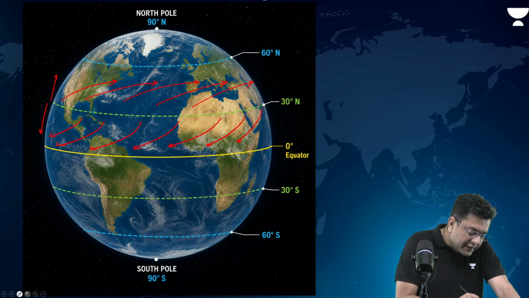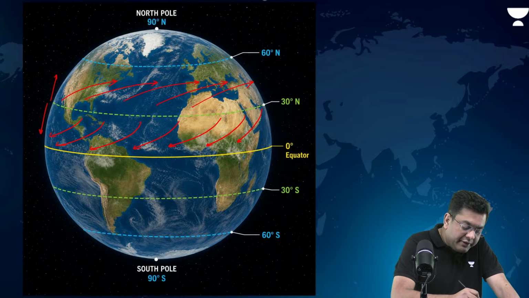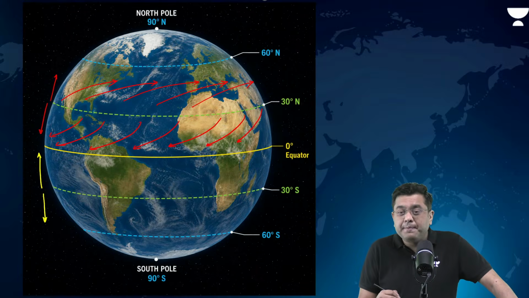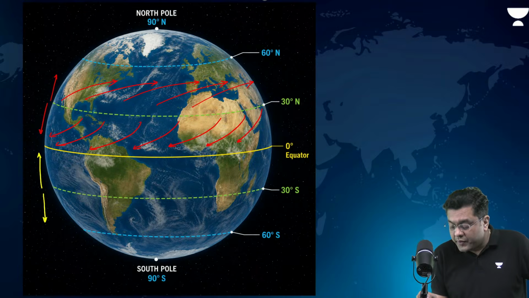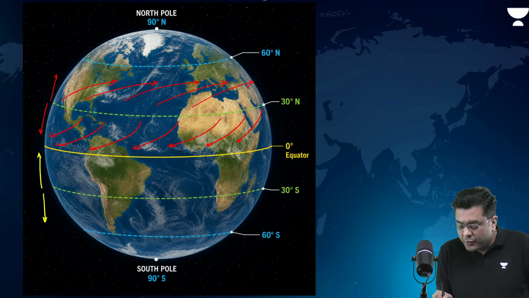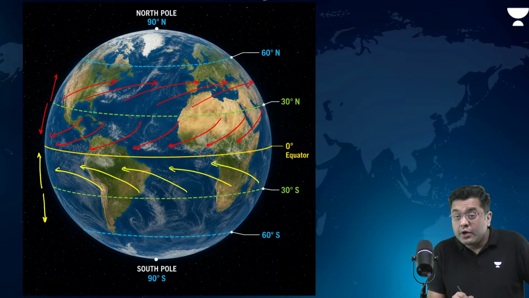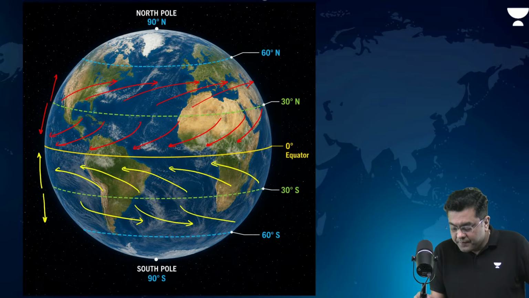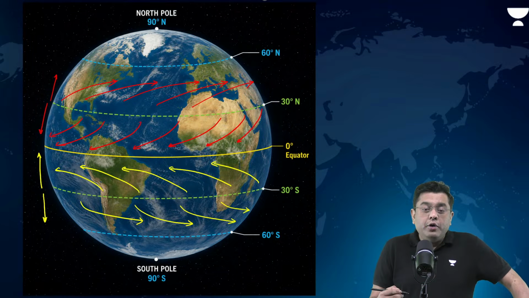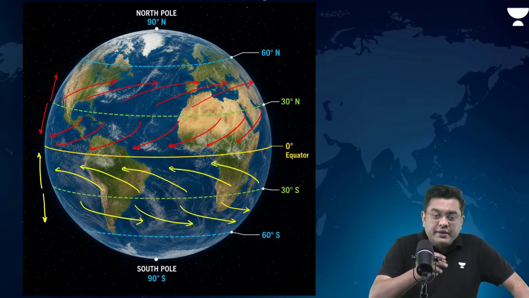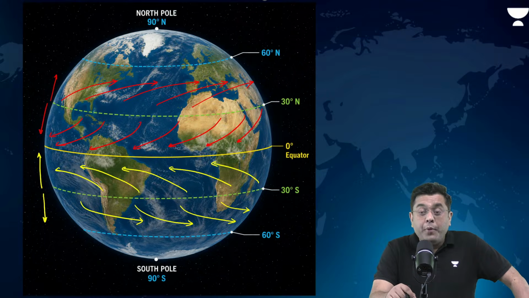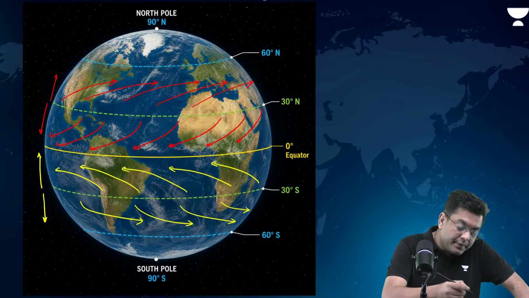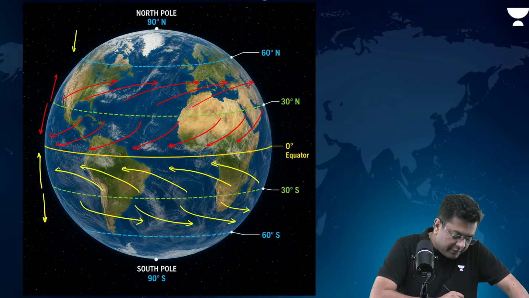Same is the case with the southern hemisphere also. From 30°, one wind moving towards 0°, another wind trying to move towards 60°. They will bend leftwards, leftward deviation. Here also, you will have the case of leftward deviation. Now, from the poles to 60°, you have one wind from here, one wind from here.